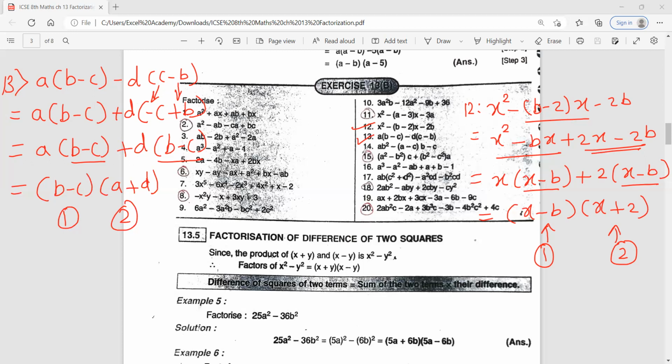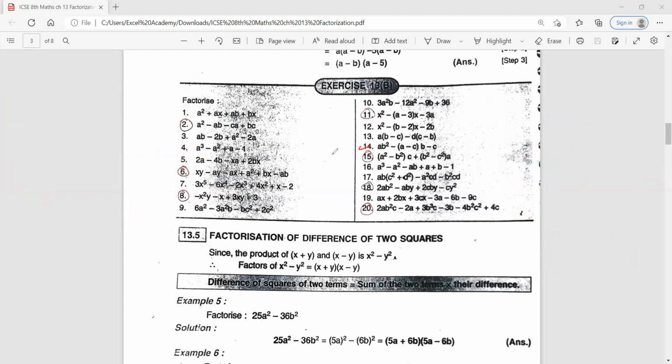Okay, now let's do 14th, so you will understand one more. Okay, in 14th obviously you have to open the brackets.